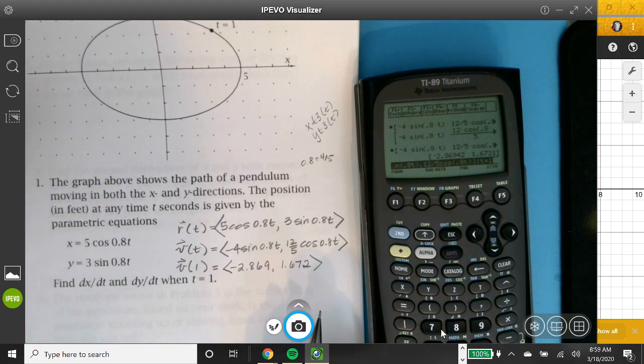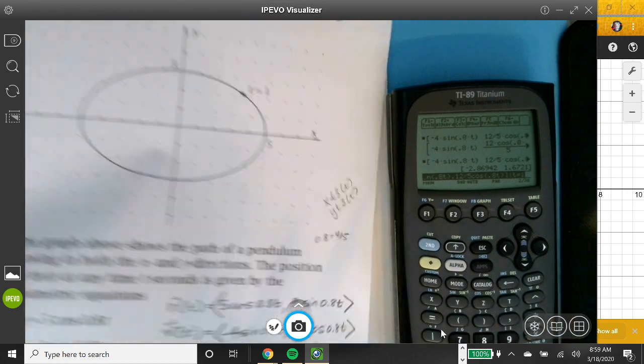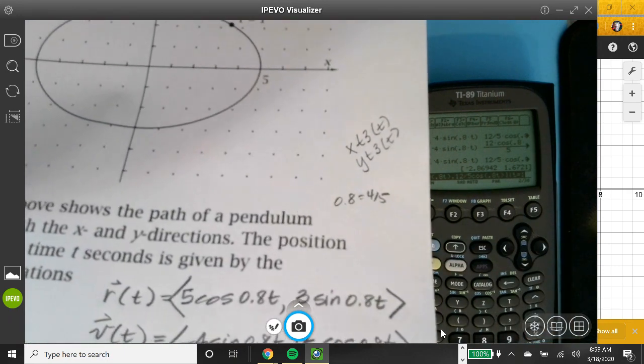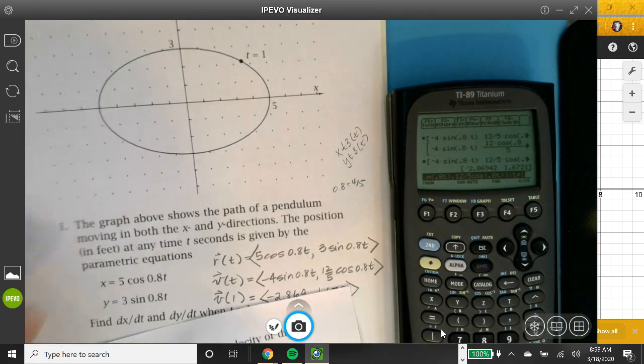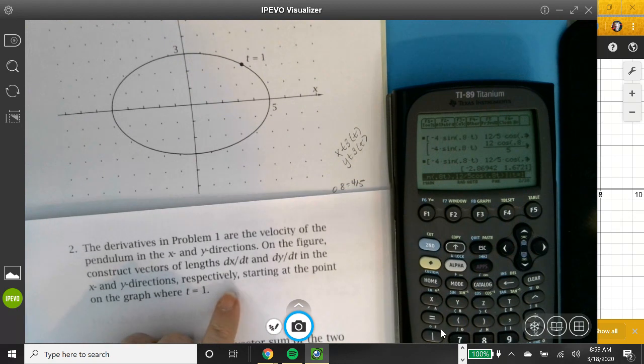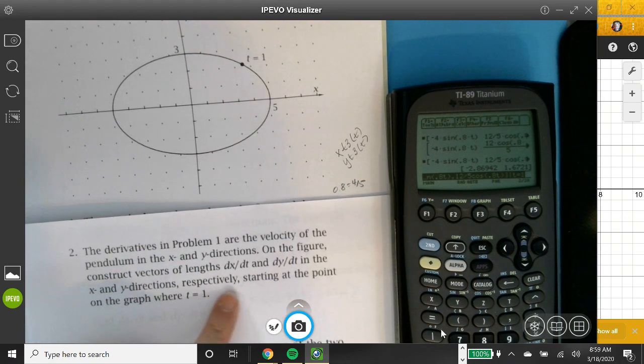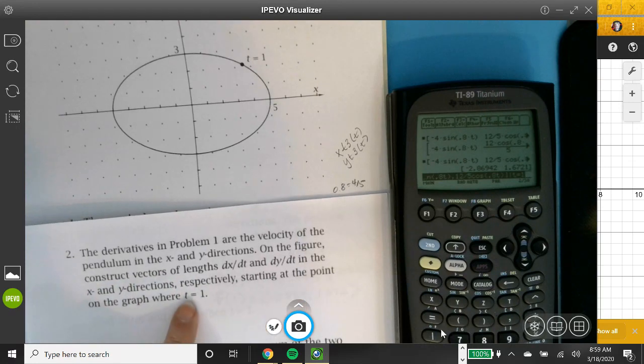All right, so that's part 1 done. Okay, part 2 says the derivatives in problem 1 are the velocity of the pendulum in the x and y directions. On the figure, construct the vectors of lengths dx and dy in the x and y directions, respectively, starting at the point on the graph where t is 1.